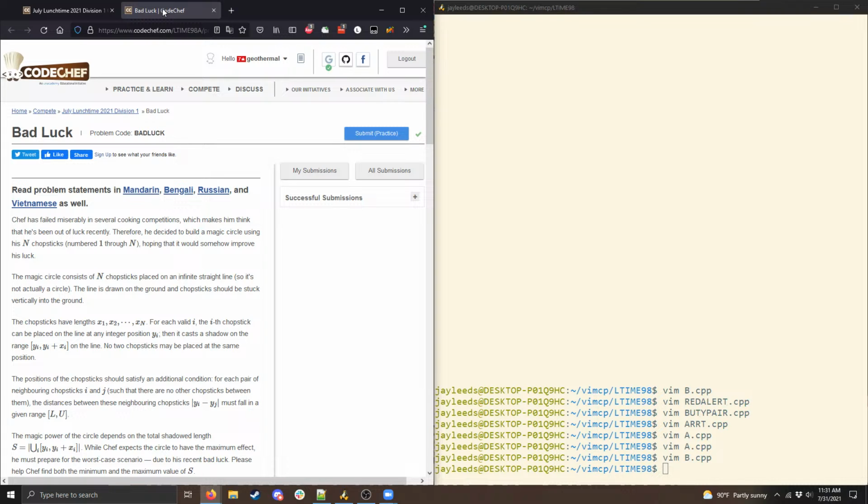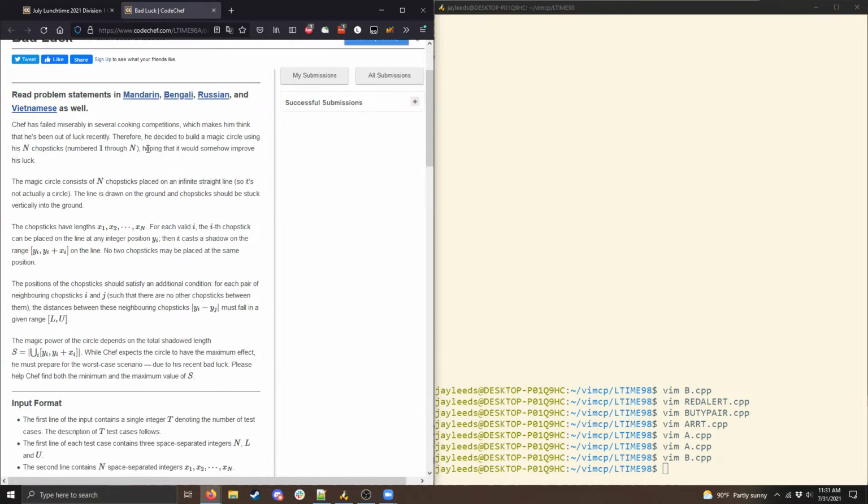All right, so I don't know why they gave us this flavor text about a magic circle when there's literally nothing else about a circle in the entire problem statement. But we're given n chopsticks, each with a given length. And then for each valid I, the ith chopstick casts a shadow over the range yi to yi plus xi.